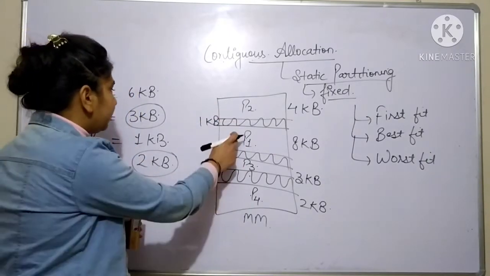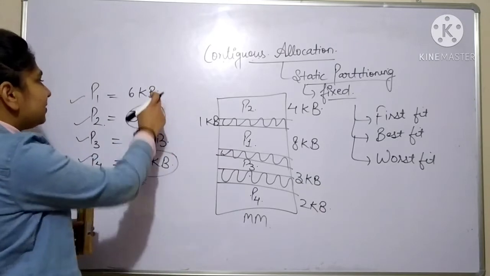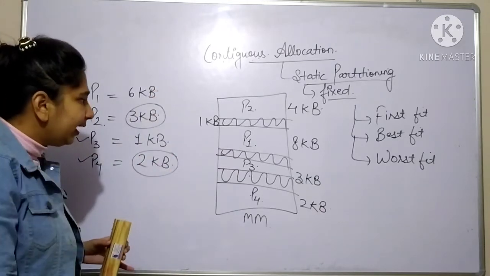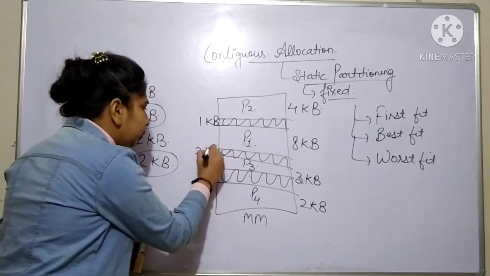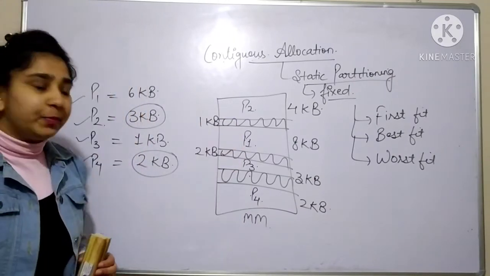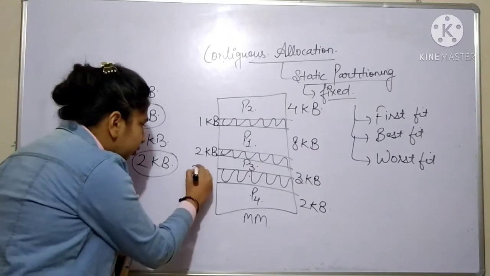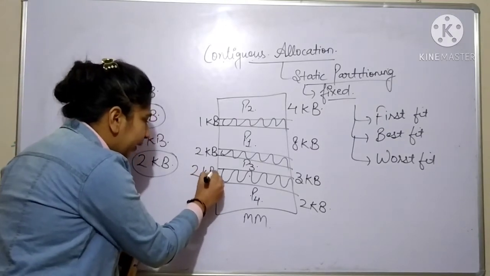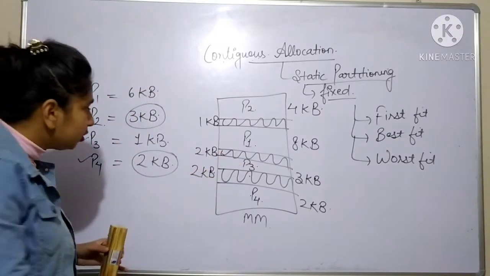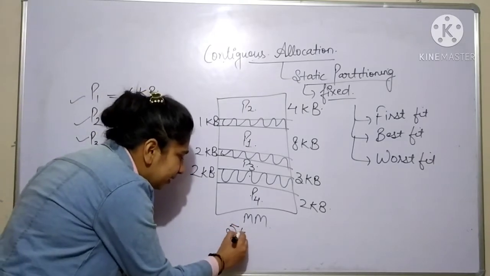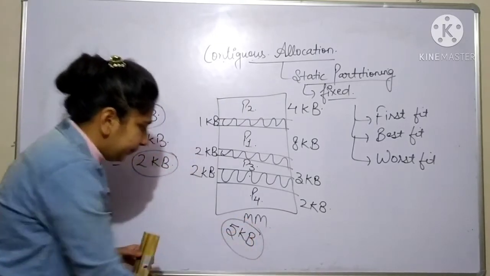Your process P1 size is 6 KB, and I am wasting 2 KB here. My process P3 size is 1 KB, so 2 KB space is going to be wasted here. So total 5 KB space is wasted.